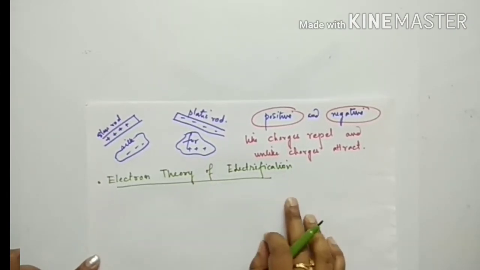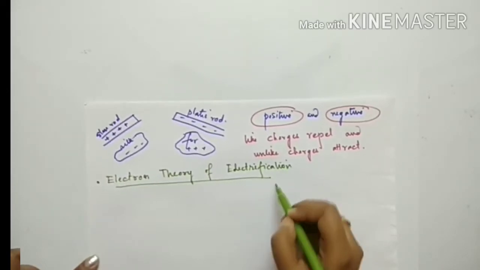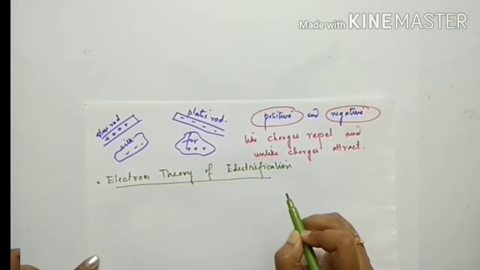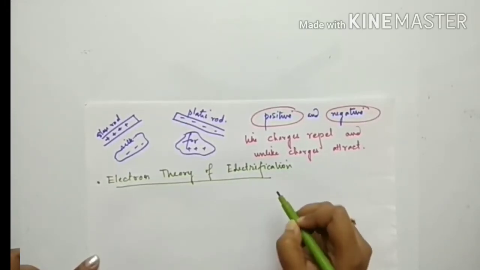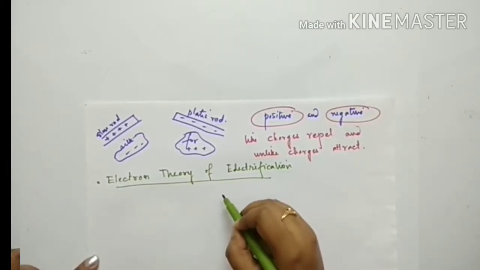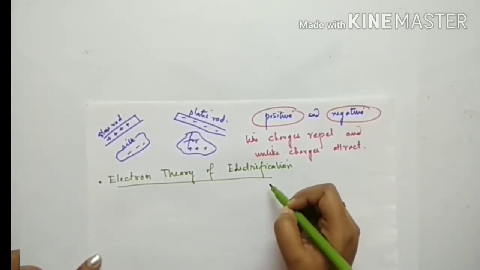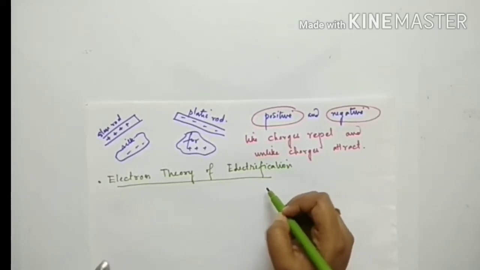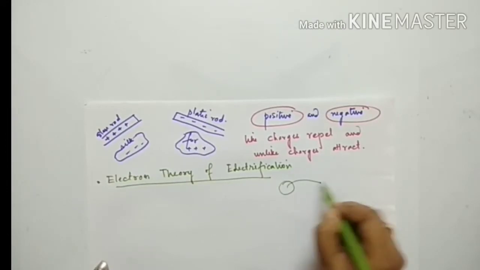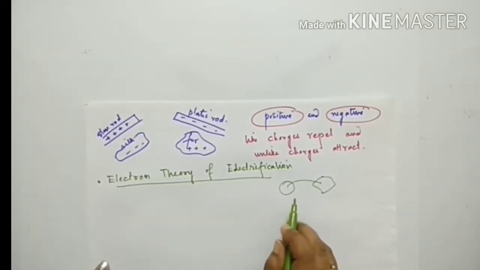Here it was said that whenever two bodies were rubbed against each other, only the electrons from the outer shell could move. So electrons were the ones to move, and electrons move from one body to another. This was the electron theory of electrification.